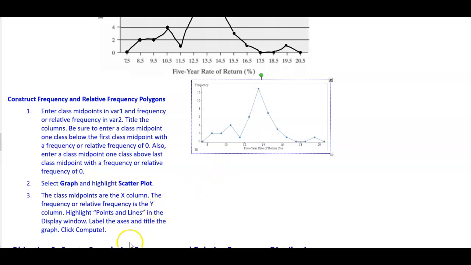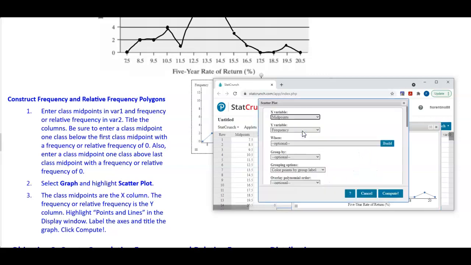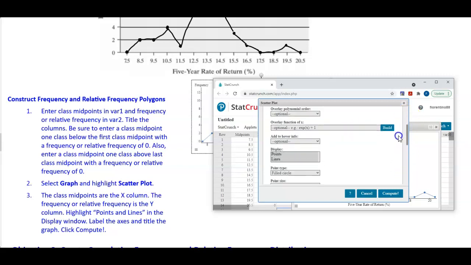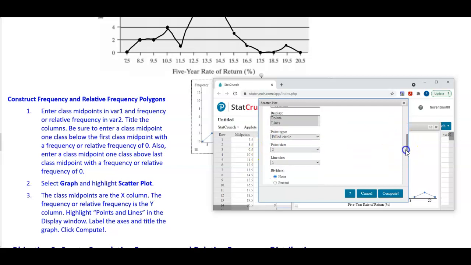And now let's take a look at how we would do that for the relative frequency. So we can go back here and then hit options and select edit. And then we're going to use midpoints for the x variable still. And now we're going to choose the relative frequency column. Okay, and then we're going to come down here. We're going to make sure that points and lines are highlighted.